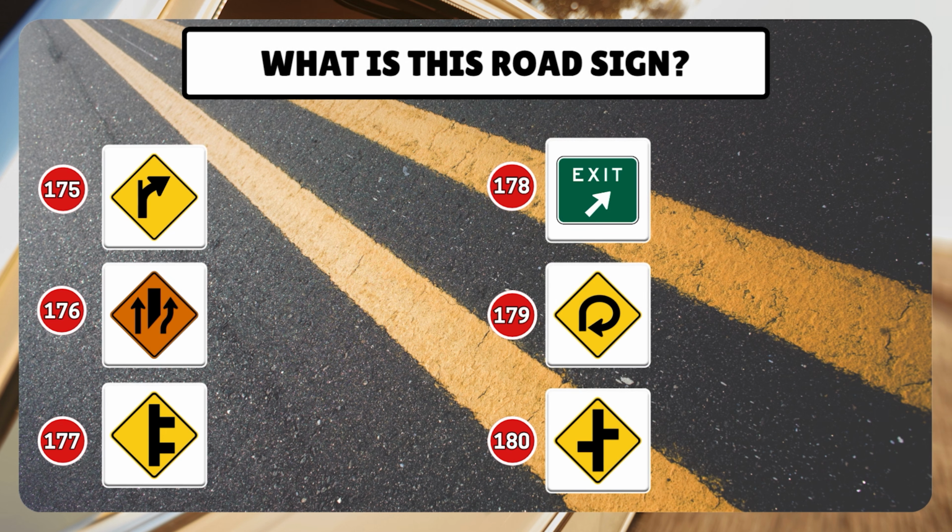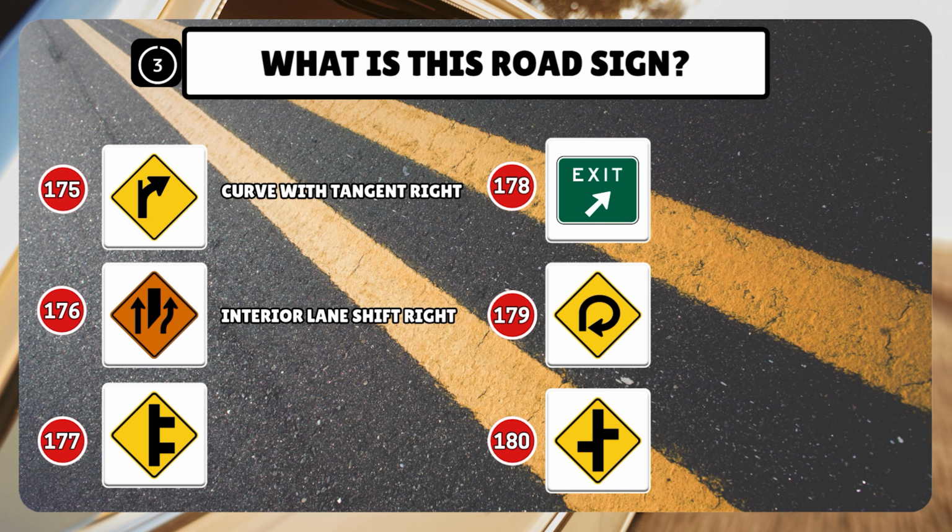Which traffic sign do you see? That is a curve with tangent right sign. That is an interior lane shift right sign. Exactly right. That is a double side roads right sign.